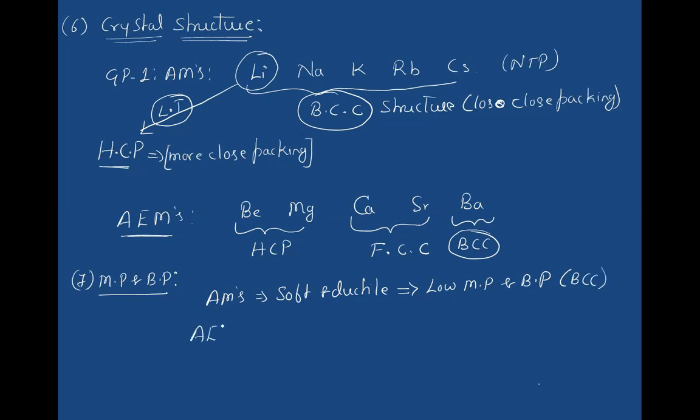If I go with alkaline earth metals, in case of HCP and FCC, the atoms are held close to each other, therefore they are very hard and brittle in nature, and therefore they possess high melting point and boiling point.